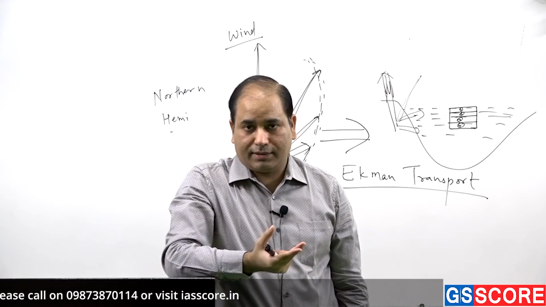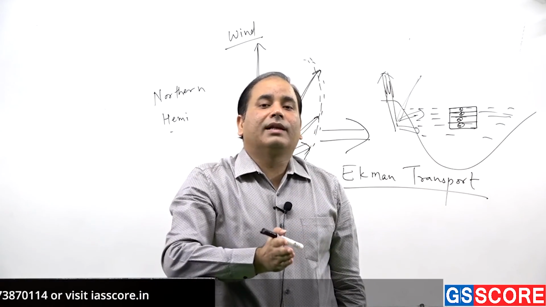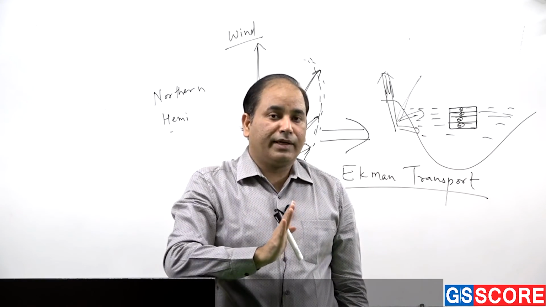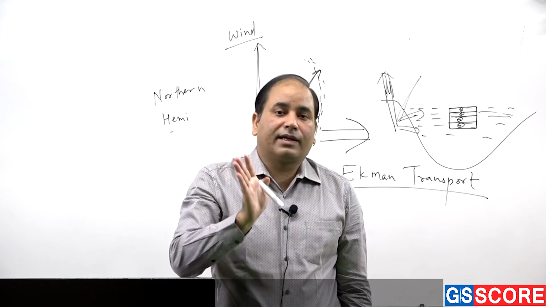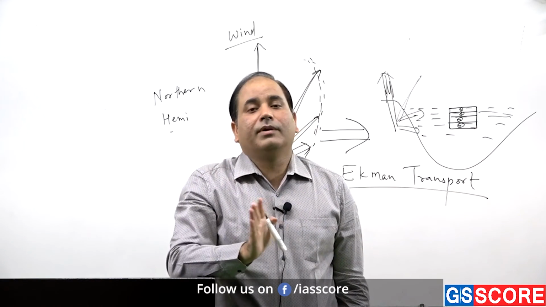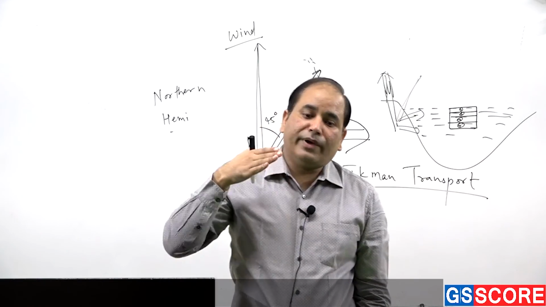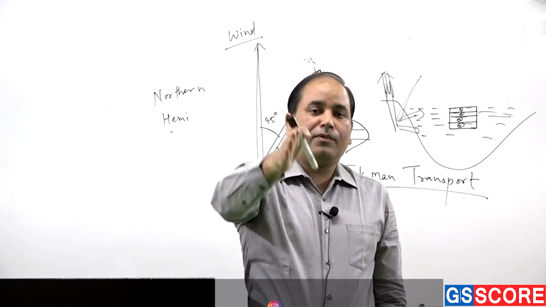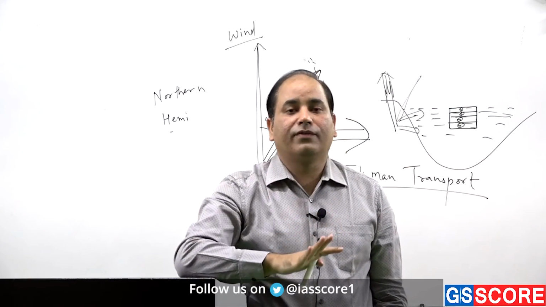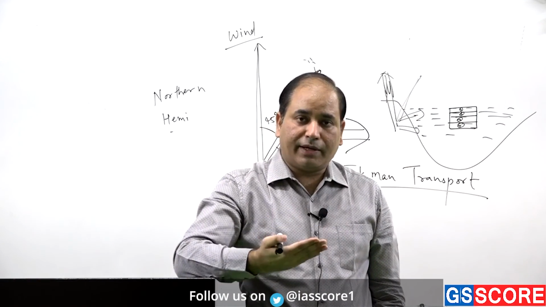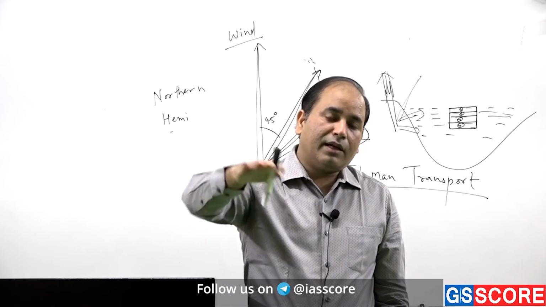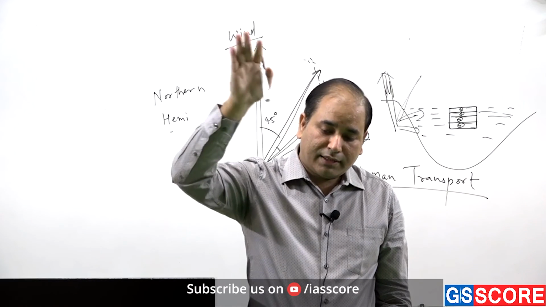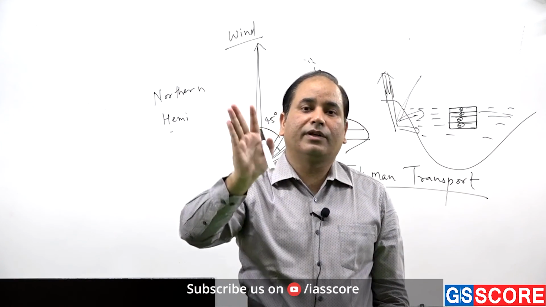The topmost layer will get dragged by winds, but it will not move in the direction of the wind; it will get deflected. The deflection is caused by the Coriolis force. So the wind will blow, and the topmost layer will deflect around 40-45 degrees. The layers below it will again deflect 45 degrees, and the layers below that again 45 degrees.